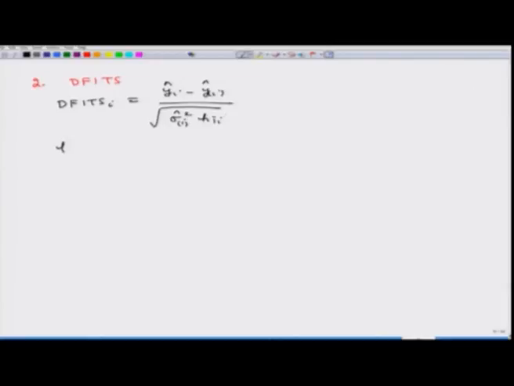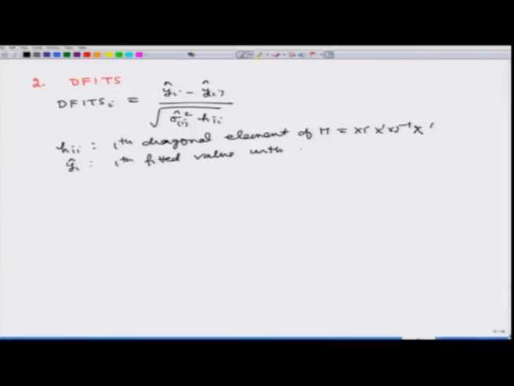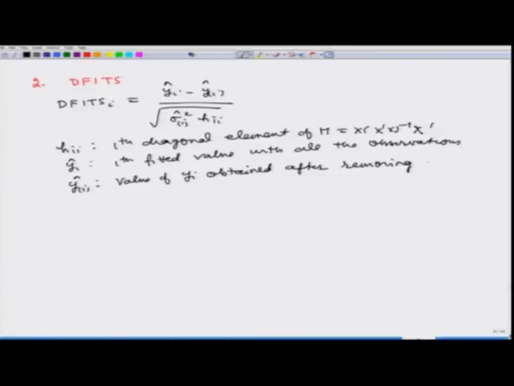In this case, as usual, h_ii is the ith diagonal element of the hat matrix, y_i hat is the ith fitted value with all the observations, and y_i hat(i) is the value of y_i obtained after removing the ith observation.